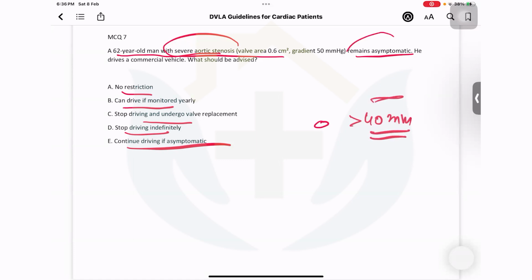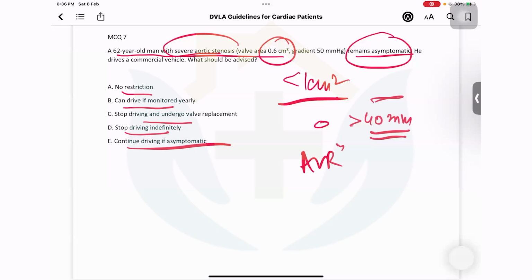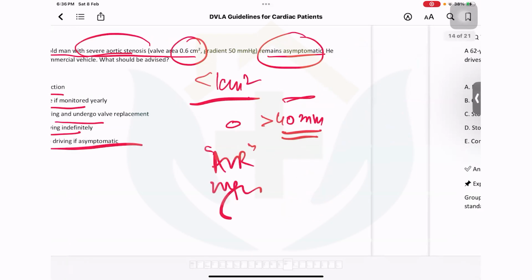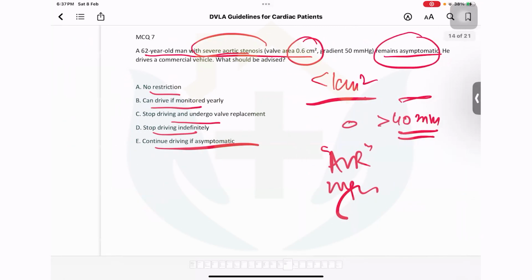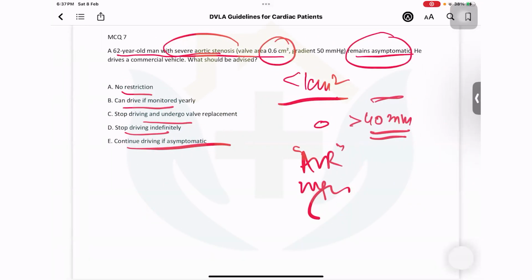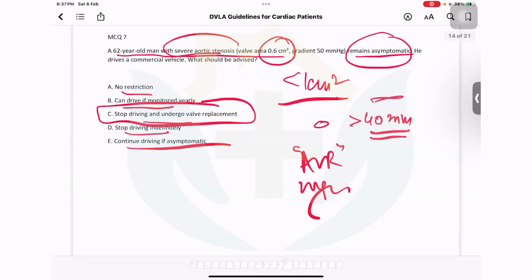Although the patient is asymptomatic, maybe for some reasons, it is a severe AS, valve area less than 1 centimeter square. So this patient needs AVR urgently, because this is the time when he can be taken up for valve replacement. If the LV starts to fail, then it will not help if we do his valve replacement. So he should stop driving immediately and undergo valve replacement. Is that okay?